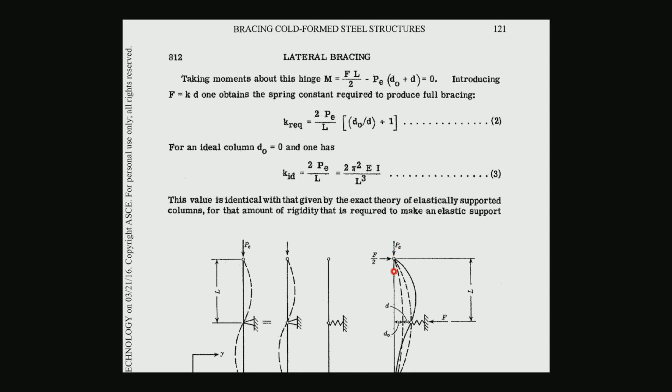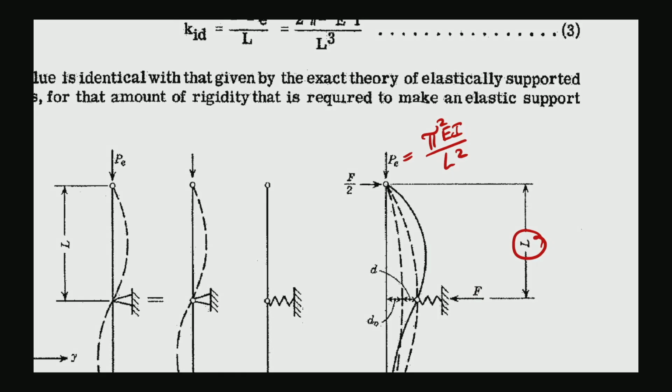Minus, because the PE is producing moment in the counterclockwise direction. PE, which is at the buckling load, is determined from pi square EI over L square, multiplied by d naught plus d. The F is equal to KD because initially you have the original d naught.